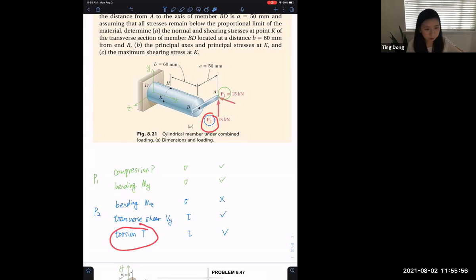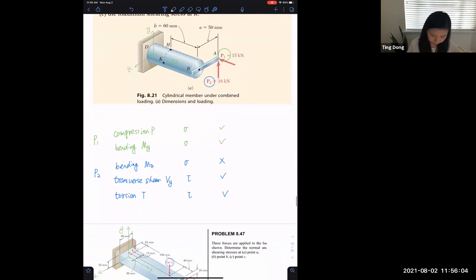And for this torsion T, we have tau equals TC over J. We have shear stress, and the shear stress distribution over the entire cross section looks like this. It changes linearly, maximum at the outer surface and 0 in the center.